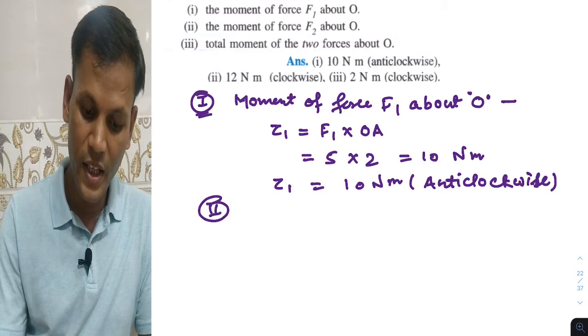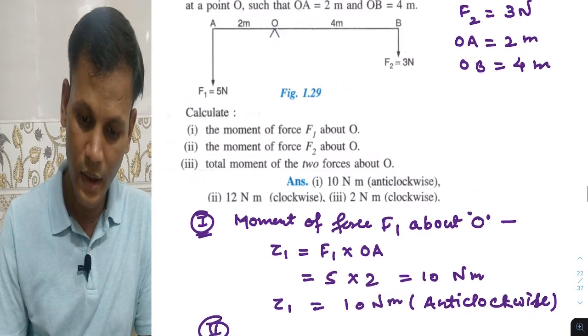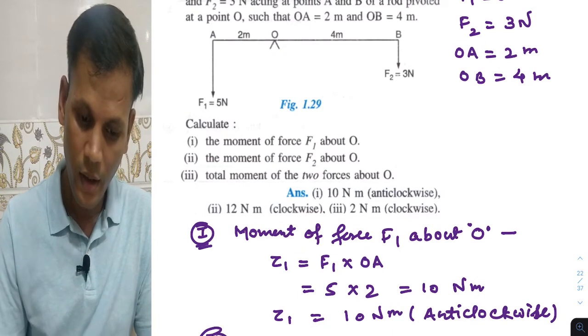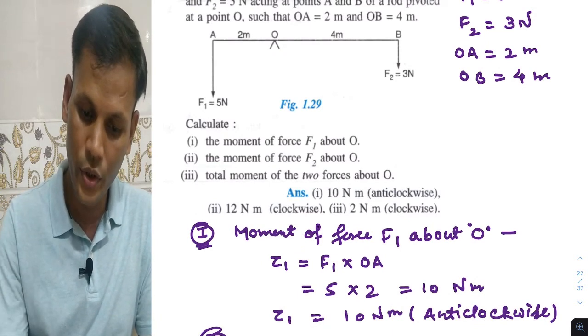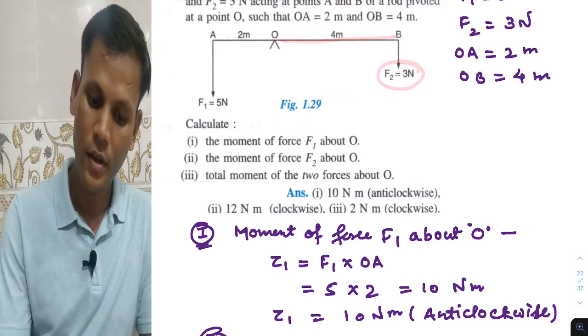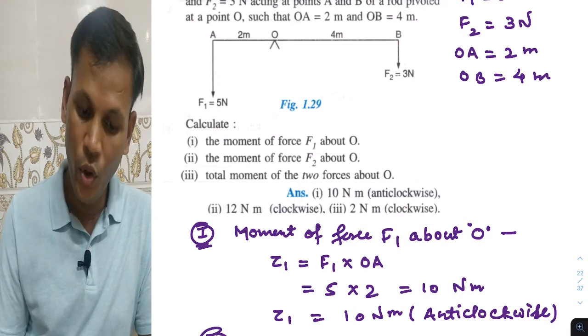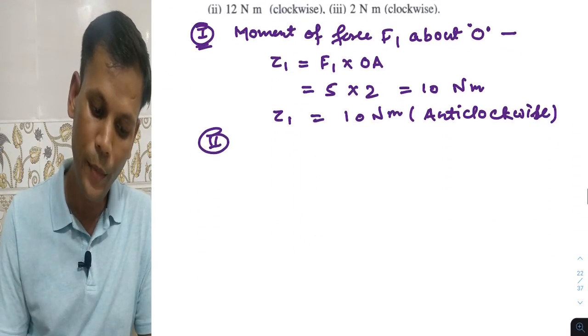So in this case, what will we get? Tau 2 is equal to F2 into OB.